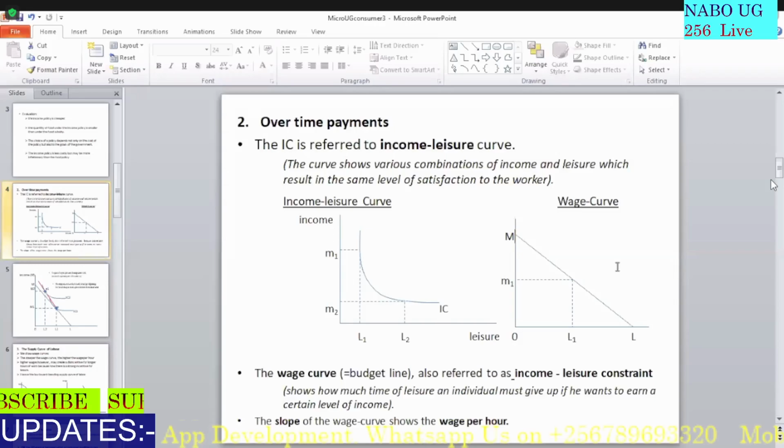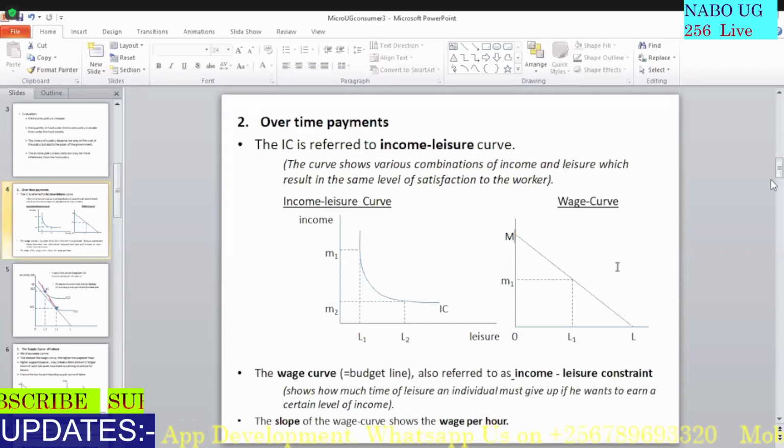Basically, we are saying the individual cannot work 24 hours, so he has to divide his time between leisure and work. Now, if he spends all OL1 hours in leisure, not working, then he will earn his income OM1.